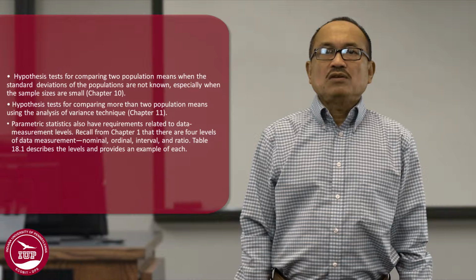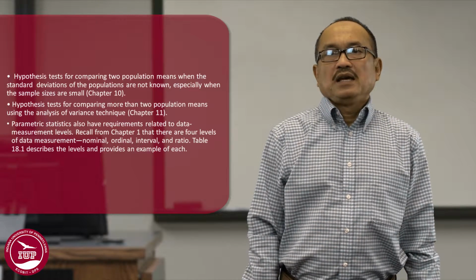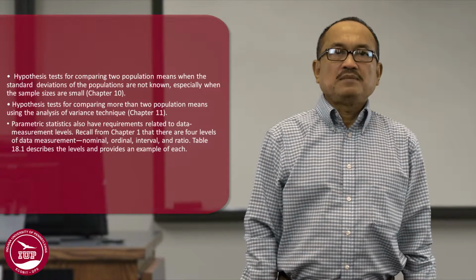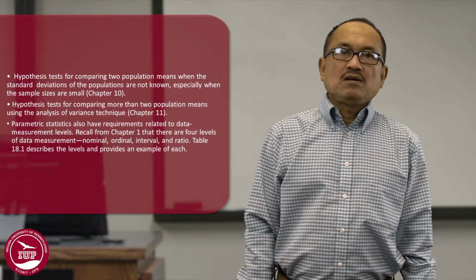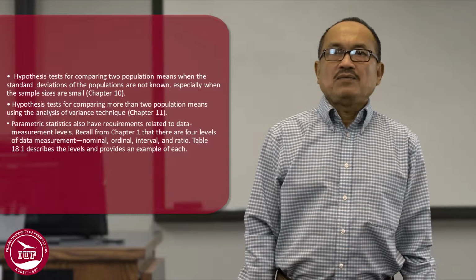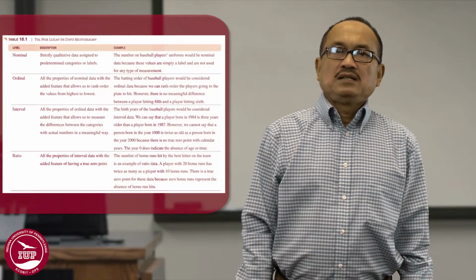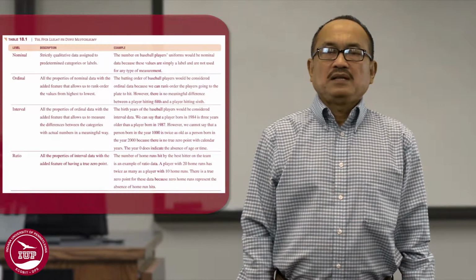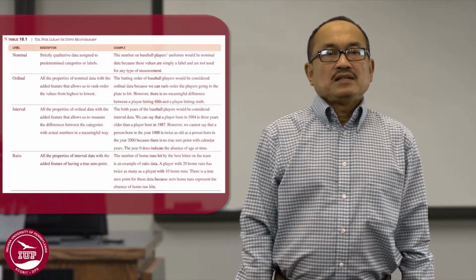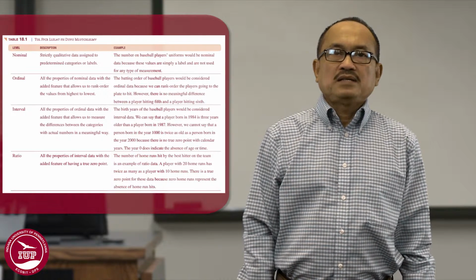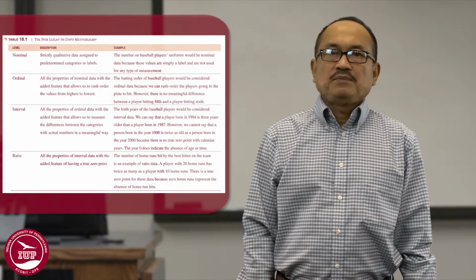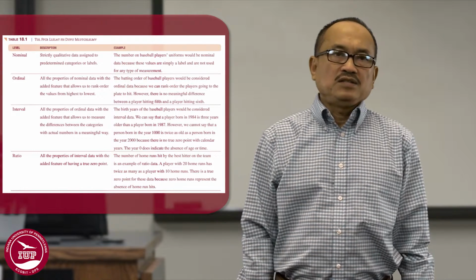Parametric statistics also have requirements related to data measurement level. Recall from Chapter 1 that there are four levels of data measurement: nominal, ordinal, interval, and ratio. Table 18.1 describes the level and provides an example of each.